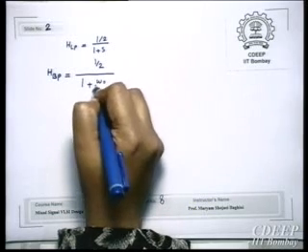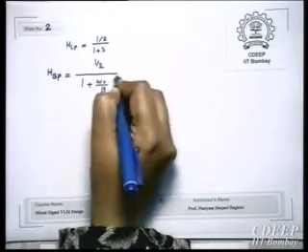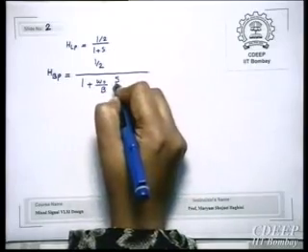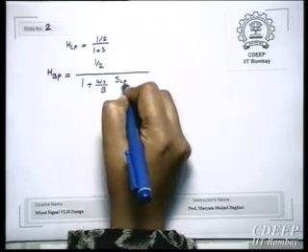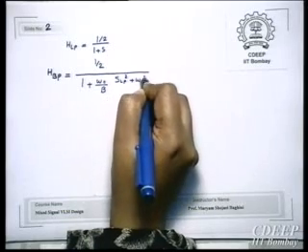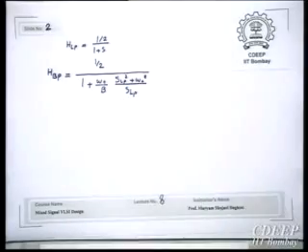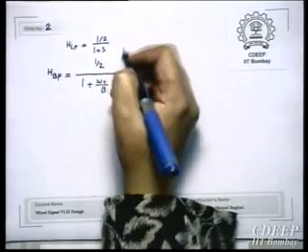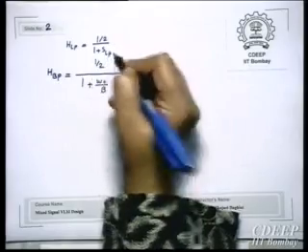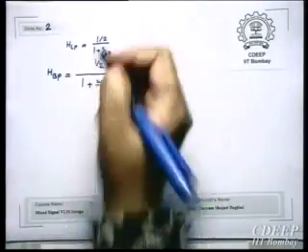Therefore, it will be omega 0 upon B, S_LP squared plus omega 0 squared upon S_LP. S_LP in fact is the low pass variable.